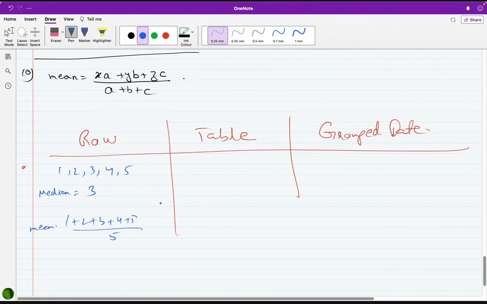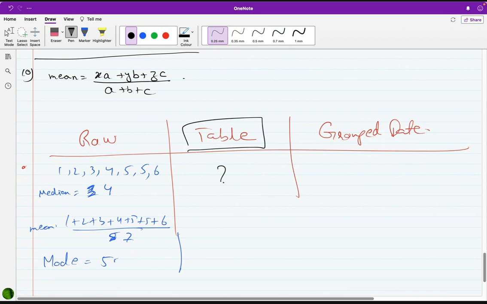And for frequency, I cannot see any number which is appearing more than the others, so no mode. If I add another 5 and a 6, the median would change to 4, and this would be the mean. And now I can say that the mode is 5. Any objection? No, sir.